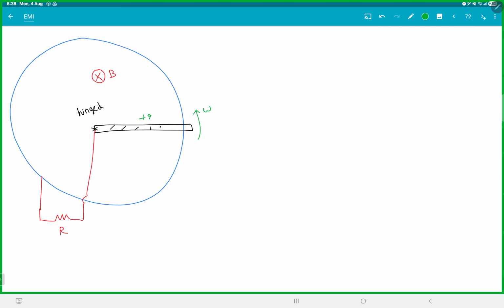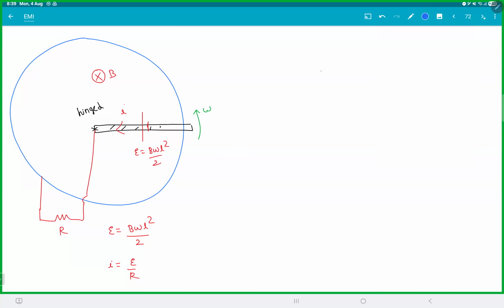Put plus q charge, it will go to the left hand side. So this will act like a battery like this, where EMF is B omega L square by 2, because of which you get a current I. Current will be E by R.